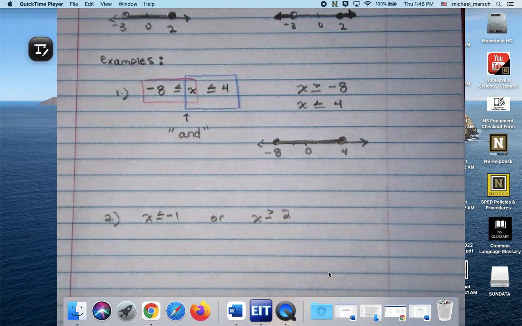The or compound inequalities are pretty obvious because they have the word or in them. They will always contain the word or. There'll be no mystery. So right away, you're going to know that your arrows are going to go in opposite directions.